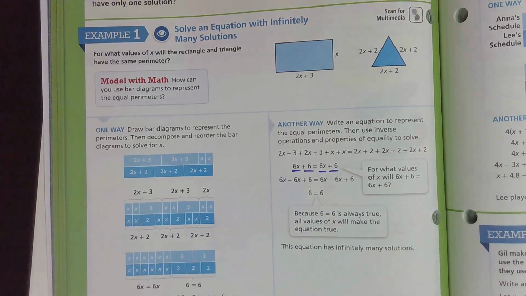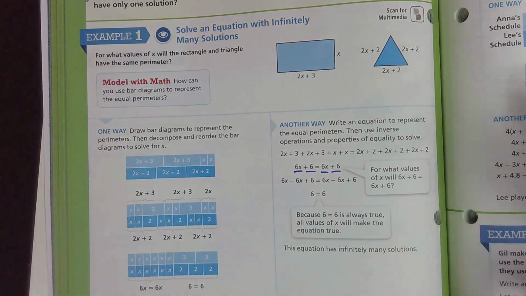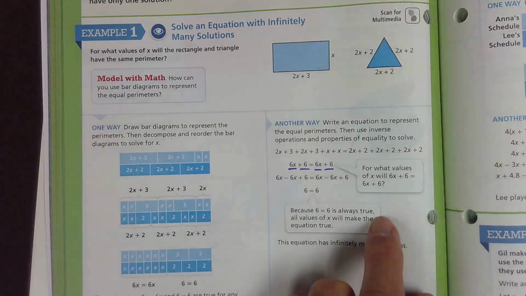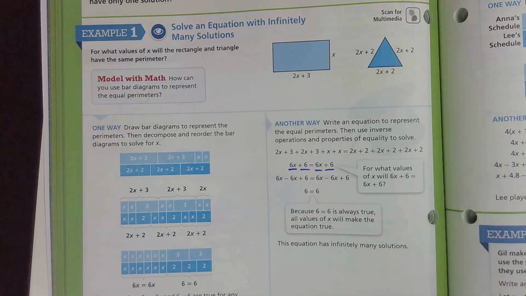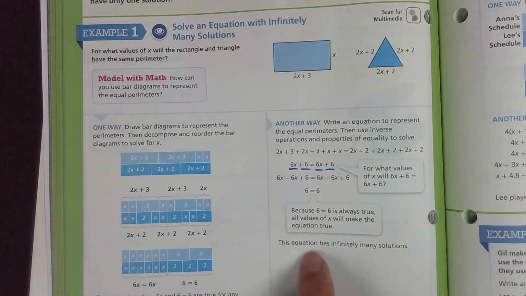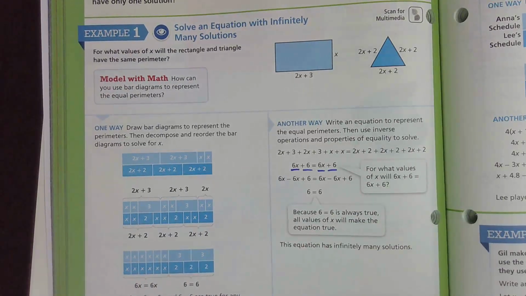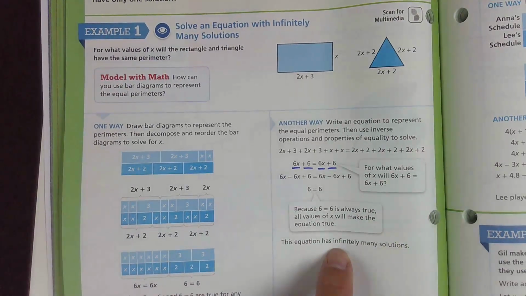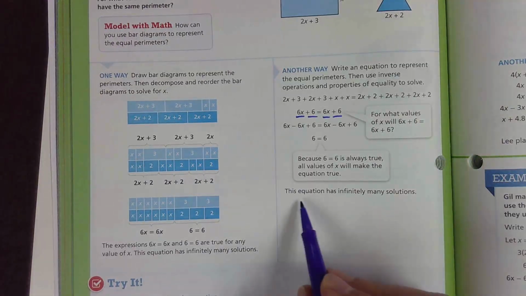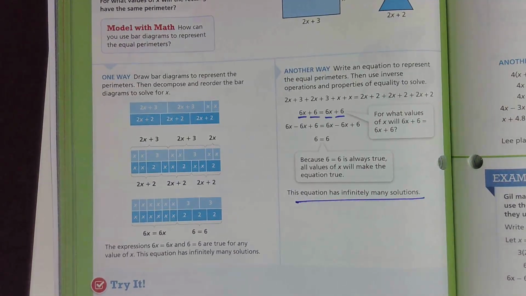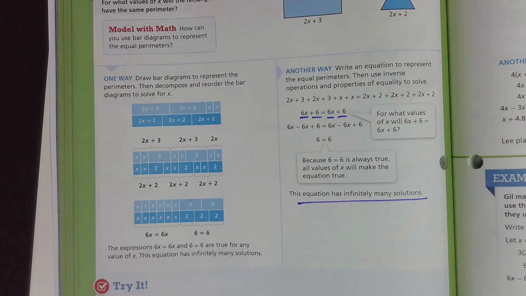Right there, you know that it doesn't matter what x is, they're going to be the same, all right? And so because 6 is always 6, all the values of x will make the equation true. This equation has infinite many solutions. No matter what you plug in for x, it will work. Okay.